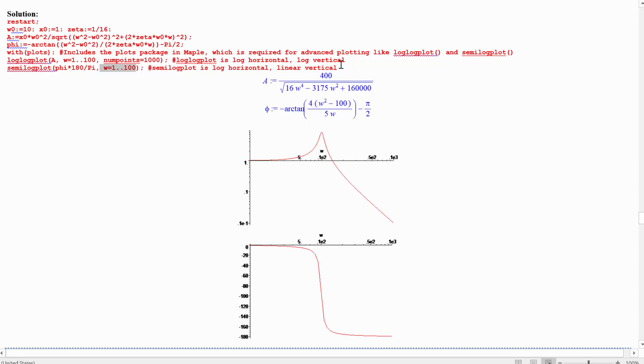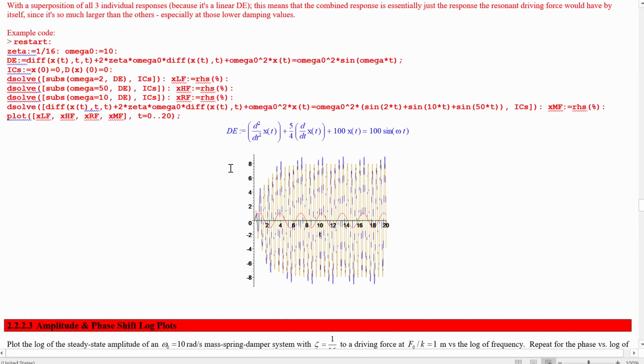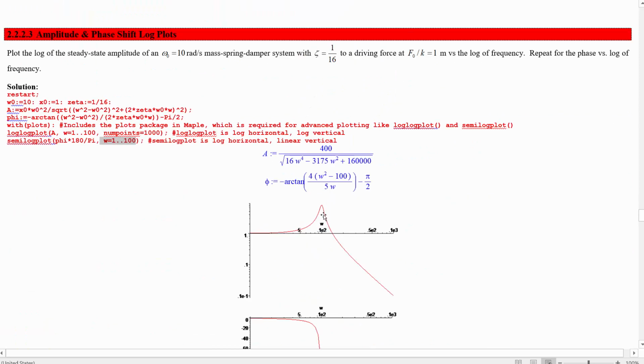Okay, so the amplitude does what we expect. If the low frequency is 1, then it is pretty much constant with increasing frequency because the omega term doesn't matter compared to the term based on omega squared. And then rises up at resonance to when this term perfectly cancels with the, what was that? The omega naught squared term.